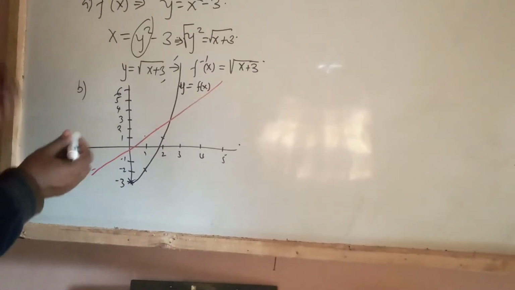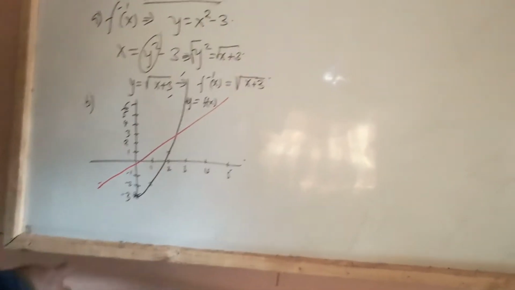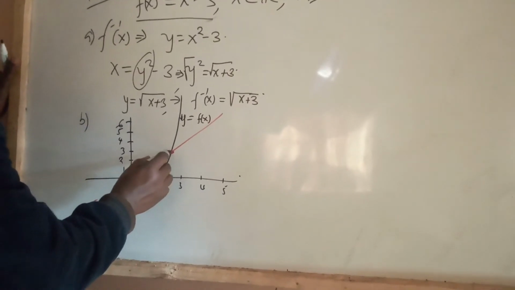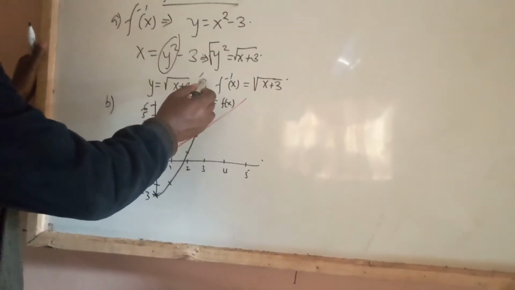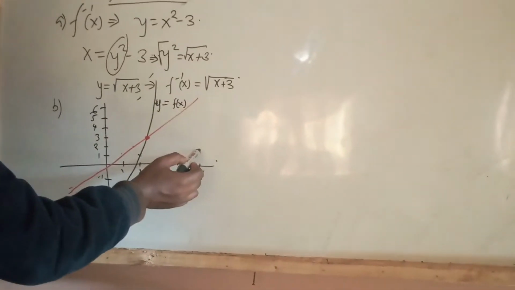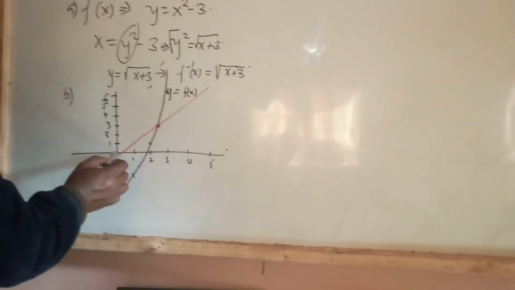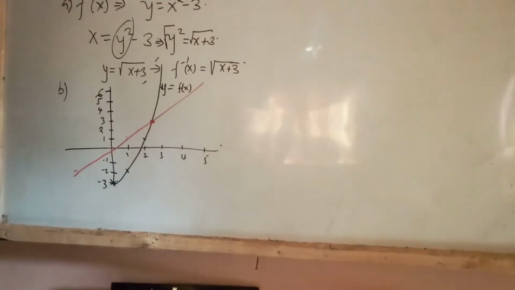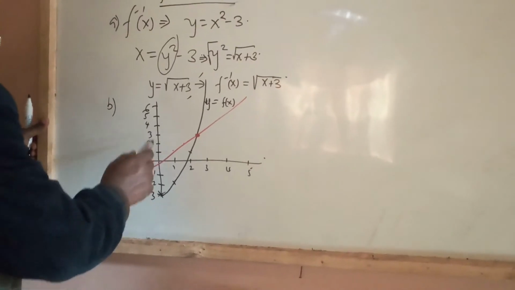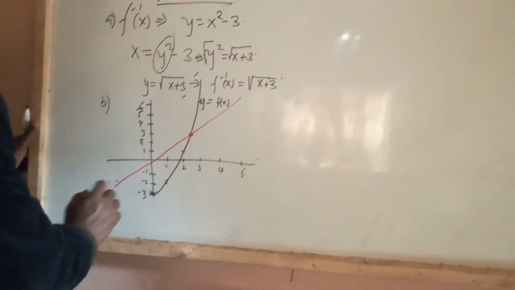That means our new inverse function graph is going to pass through this particular point, and this point will be reflected along this line. It comes to this particular point. This point is going to be reflected to itself, and this point is supposed to be reflected to itself, and it gets to minus 3.